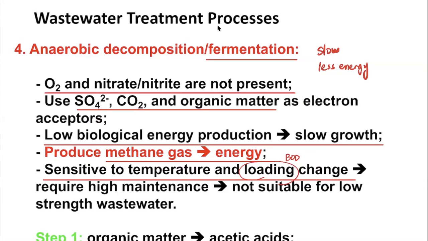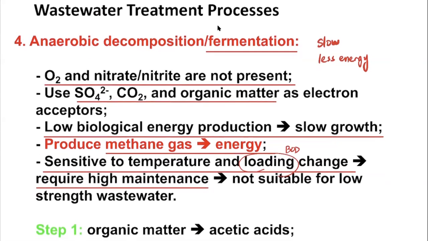So it requires high maintenance because of these requirements, and it's not suitable for very low strength wastewater, where the water has a low BOD. If it has a low BOD, then because it's a slow process and also because it produces less energy, the bacteria are not going to propagate themselves. So the processing is not going to be very efficient.